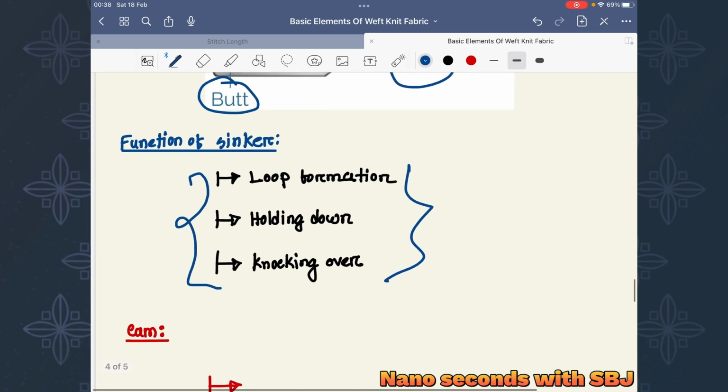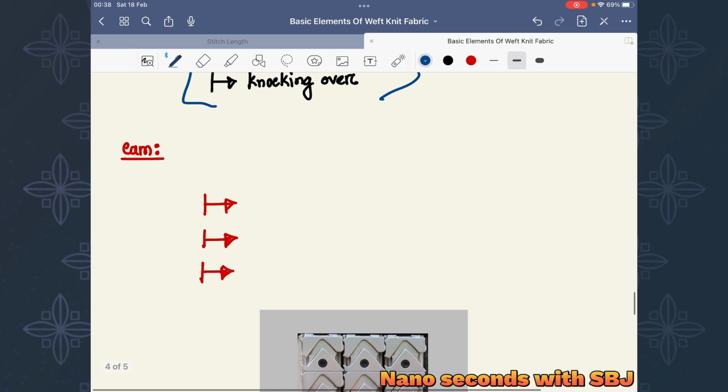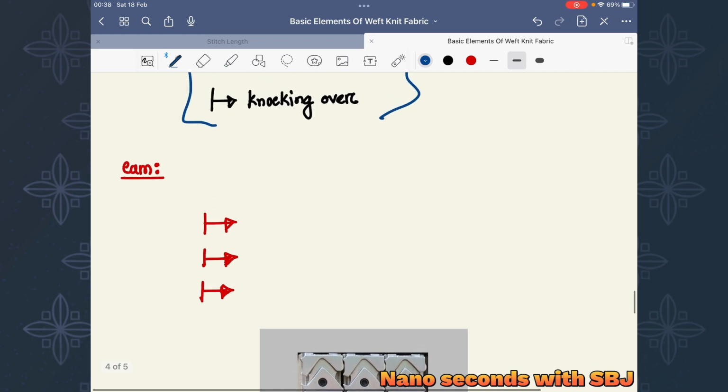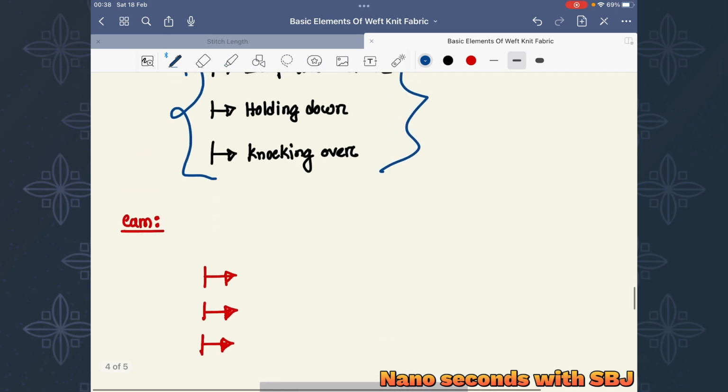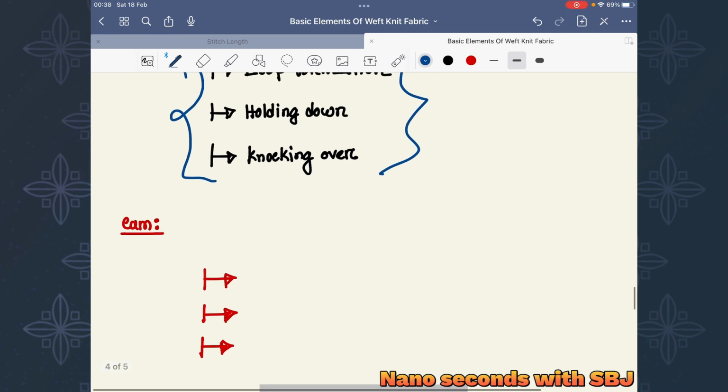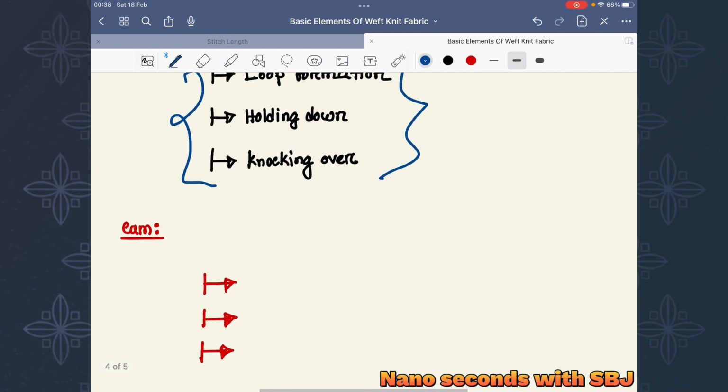Now I will discuss the cam. Whenever we talk about the cam, we are talking about the knitting cam. It is usually used in weft knitting. There are three types of cam.